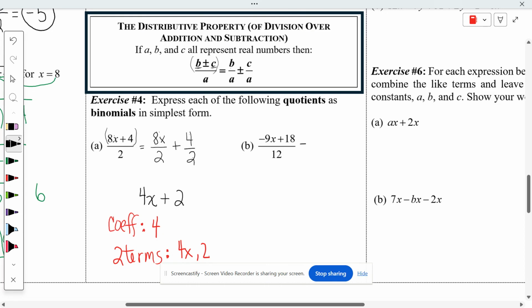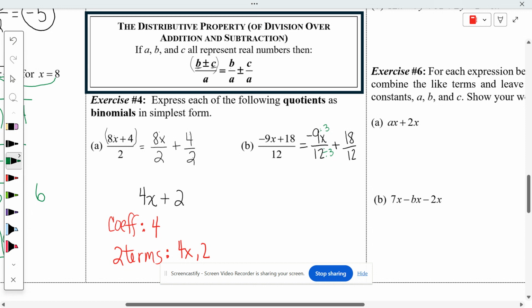So remember, I can rewrite this. So this is the same thing as negative 9x divided by 12 plus 18 divided by 12. This one doesn't simplify into integers. It's still going to give me fractions. Let's see, 9 and 12 are both divisible by 3. So I'm going to divide each one of these by 3.